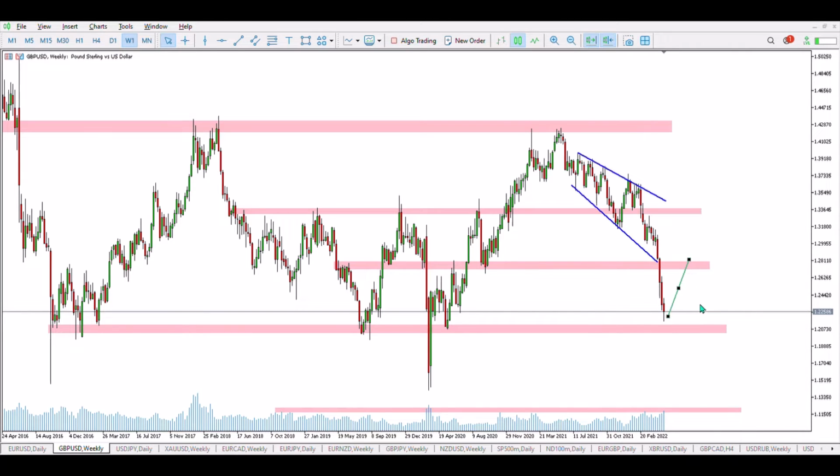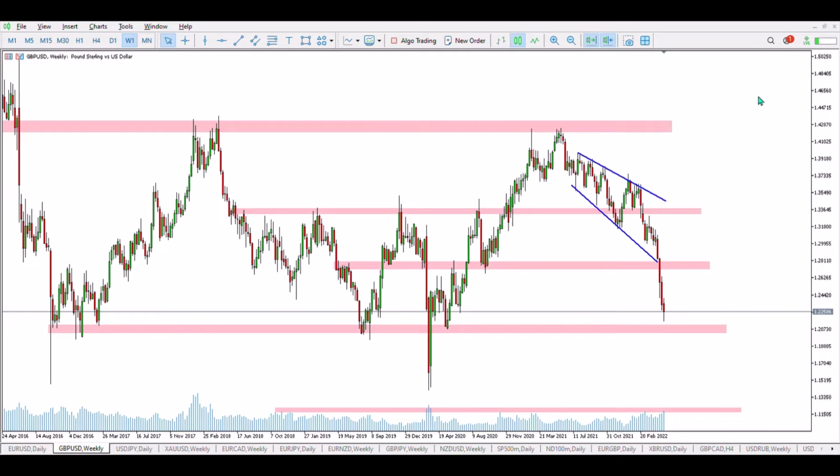And what better pullback than the previous resistance zone? So here we can see some nice opportunity for another shorts and continuing with the bearish trend, and this is what I personally expect.